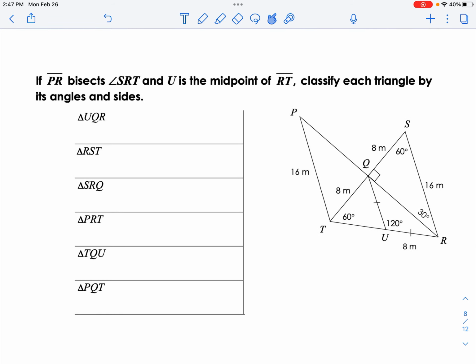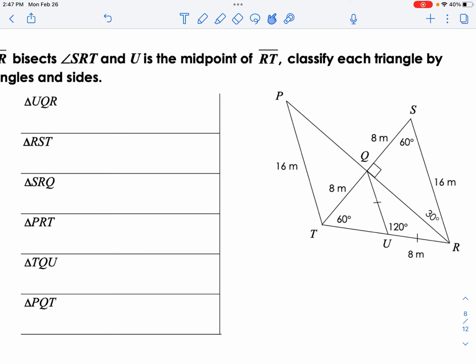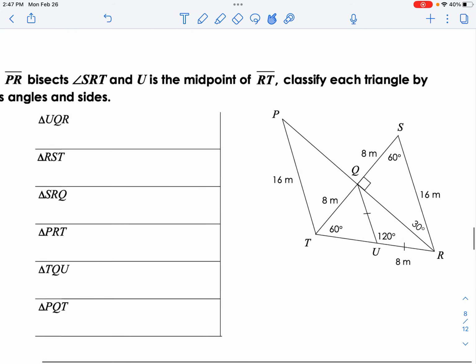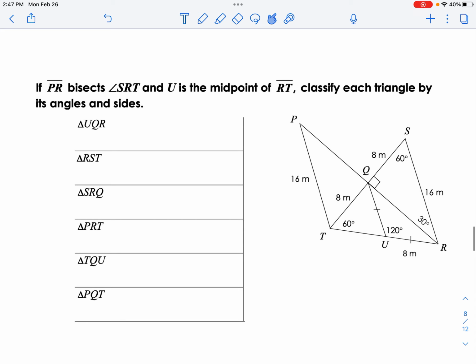Okay, so here they give us a kind of wild picture, and they give us some instructions here. It says segment PR, so that's this whole thing right here, bisects angle SRT. SRT is right here. If you remember, bisect means cut in half.